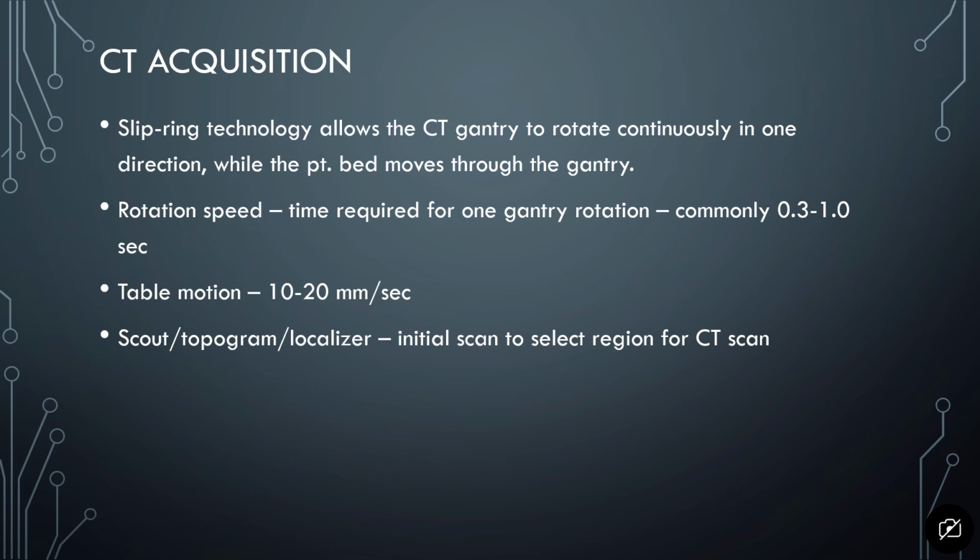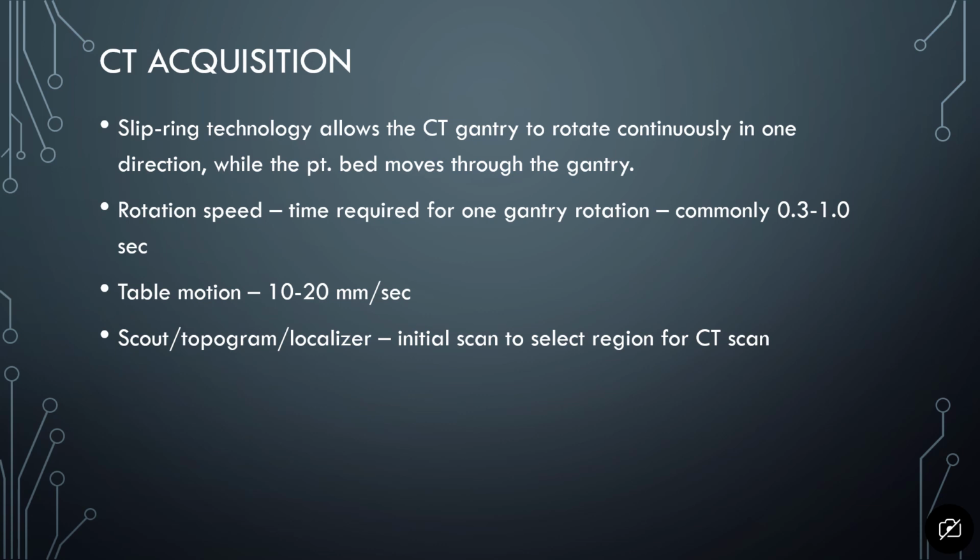The CT acquisition, we'll talk about in more detail in another module. But especially for helical CT, there's the slip ring technology that allows it to rotate continuously. Older scanners did not have the slip ring technology, so this would be generations 1 through 3 of scanners, something like that.